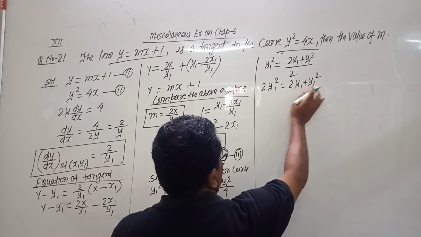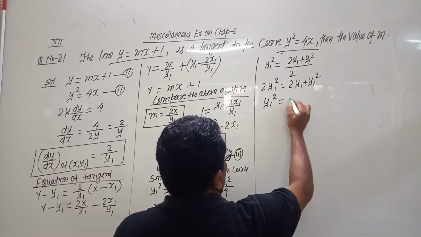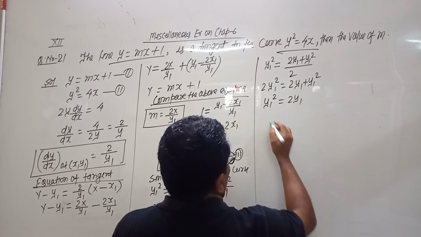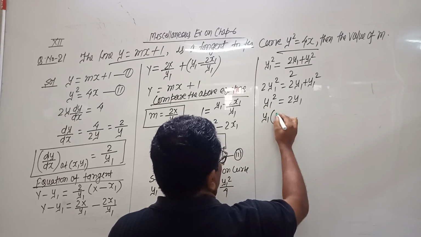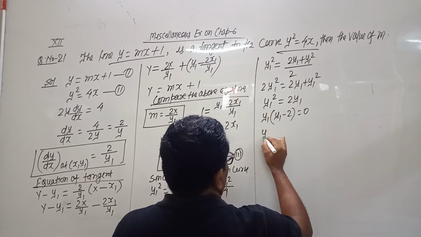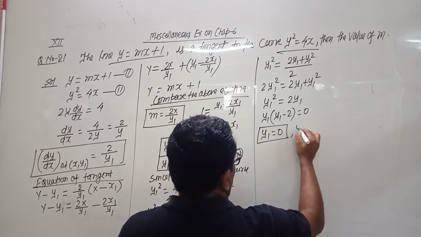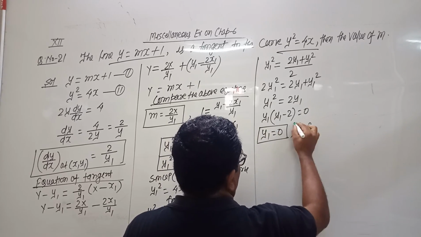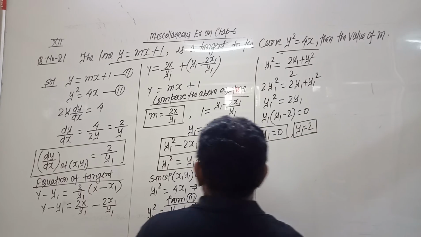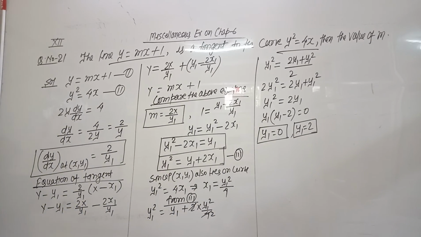So 2y1 square minus y1 square, we get y1 square equals 2y1, and taking y1 as common we get y1 times (y1 minus 2) equals 0. So we get y1 equals 0, and also y1 equals 2. We get two values of y1: y1 equals 0 and y1 equals 2.